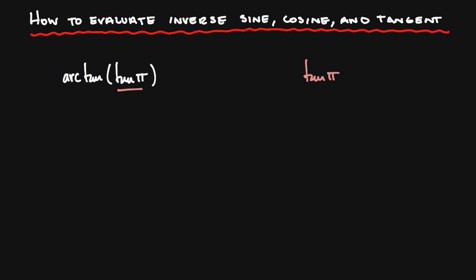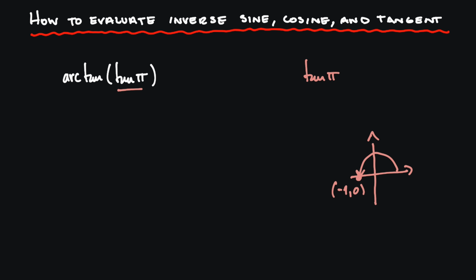Tangent of pi. Since this is a multiple of 90, we're going to evaluate this on the unit circle. So if we have the unit circle, pi will be here. I said 90 degrees, but it's actually 180 degrees, my bad. This will be pi, and the terminal point here will be (-1, 0), right?